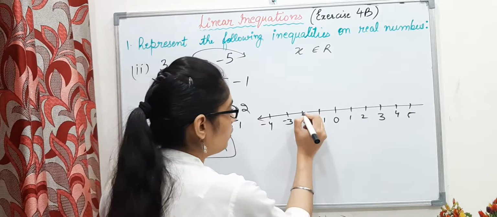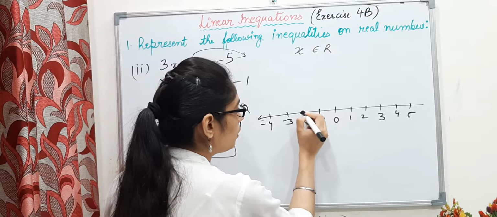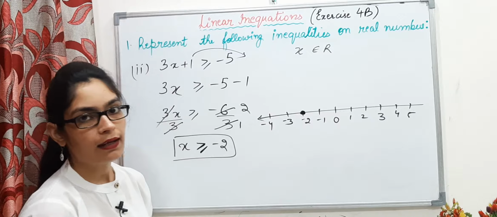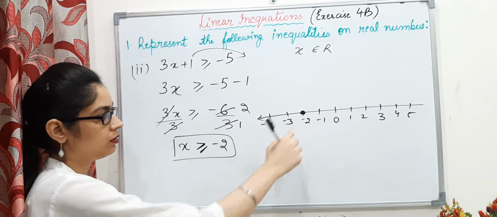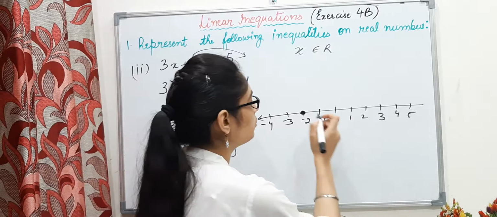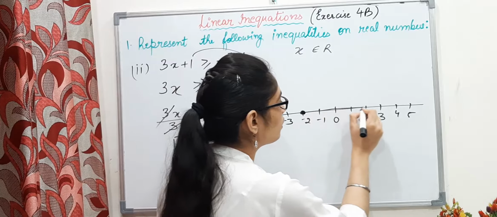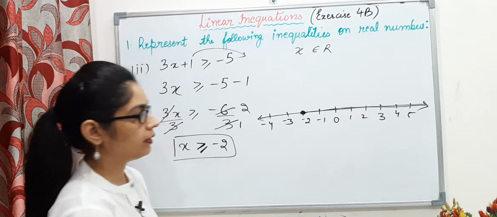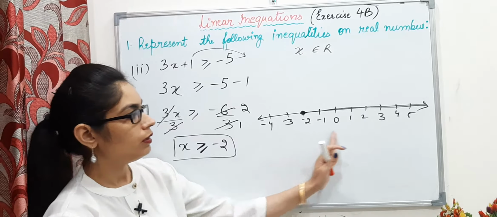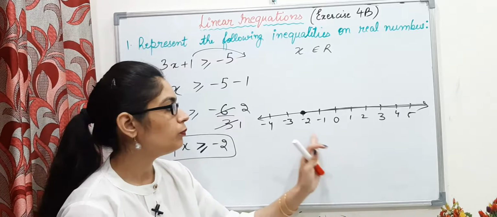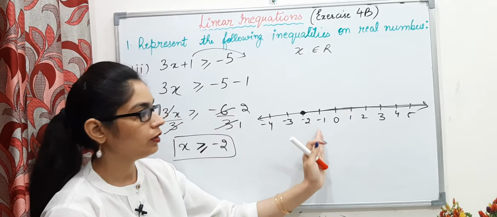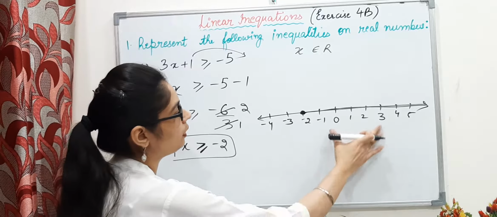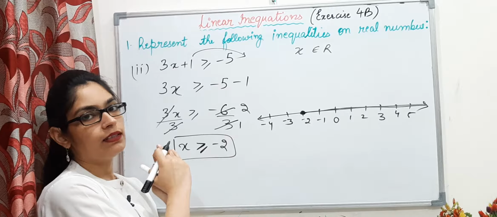So on minus 2 I have to mark a small dark dot like this, and on the right side we have to go because it is greater than. So this is the representation of this point, all the points which are greater than. So positive points and all the points on this side, on the right side of minus 2, are the greater points, on the left side are the smaller points.